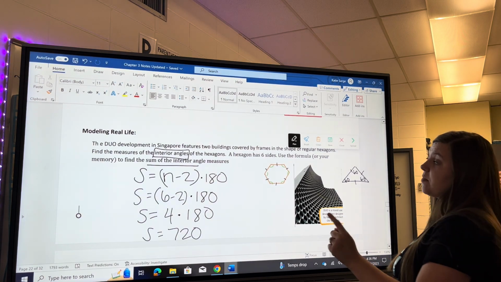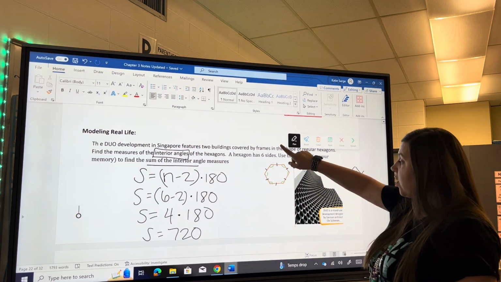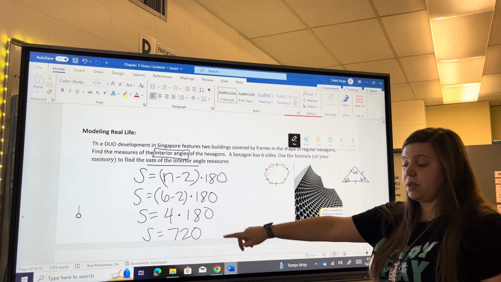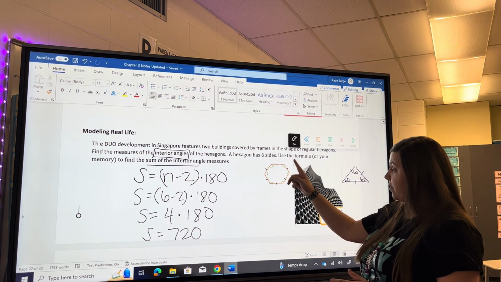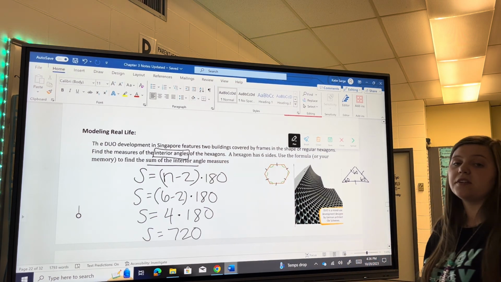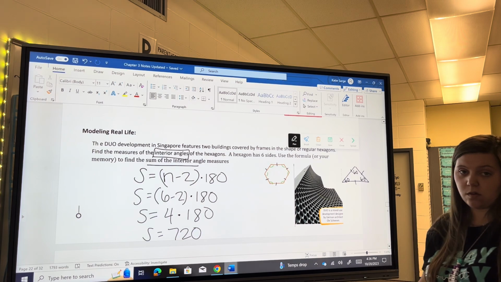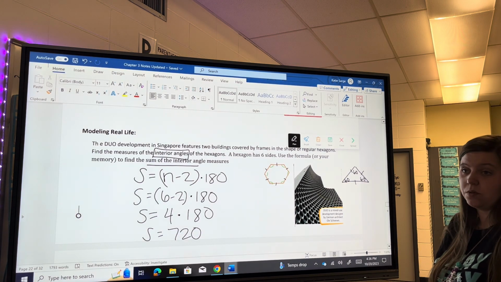It says find the measures of the interior angles, okay? So if I know that all of these together need to be 720, and I also know that every single one of these angles is the same, how am I going to figure out what just one of these equals? What are we thinking?